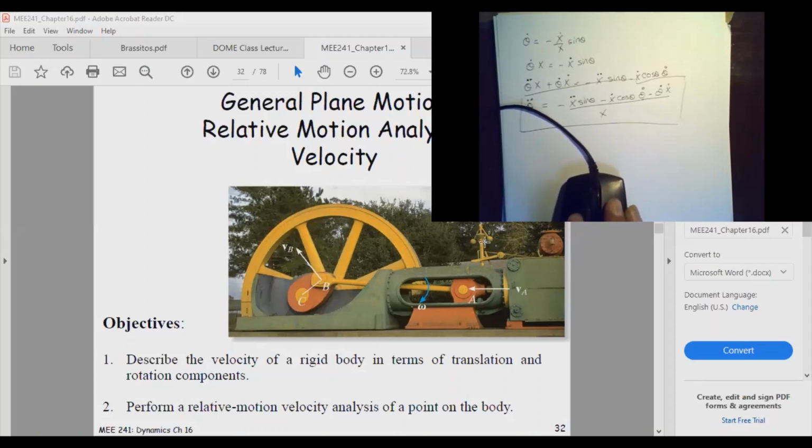If you actually Google this guy here, this is actually used to control the velocity of this guy. This was actually used on trains to control the velocities of trains.